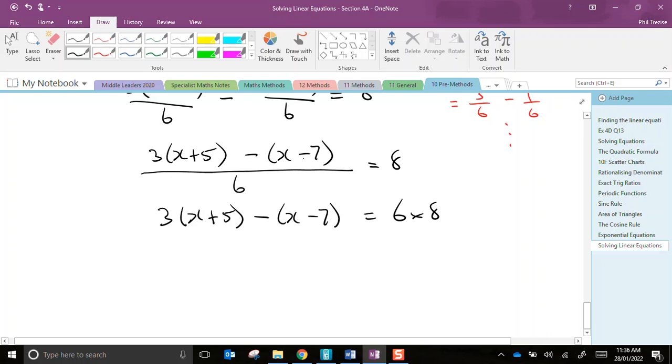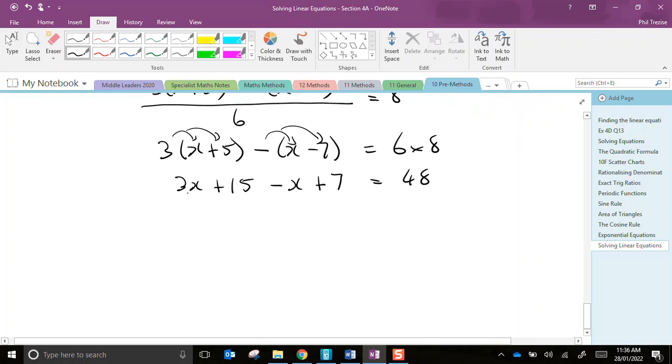I'll start to expand the left-hand side now. So remembering to multiply both parts, that's 3x plus 15. And again, this negative has to apply to both. So it's minus x plus 7. Be careful on that. And 6 eights are 48. I have a 3x take away an x, that's 2x.